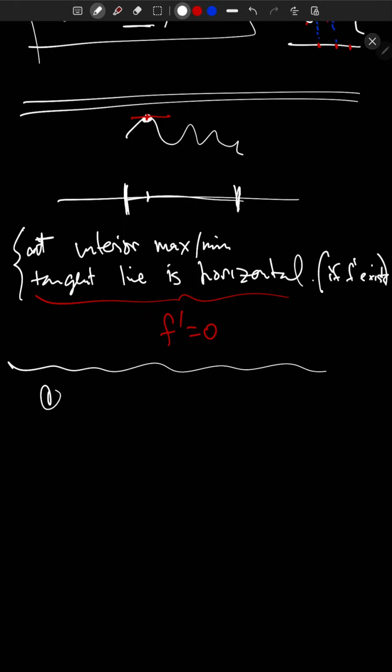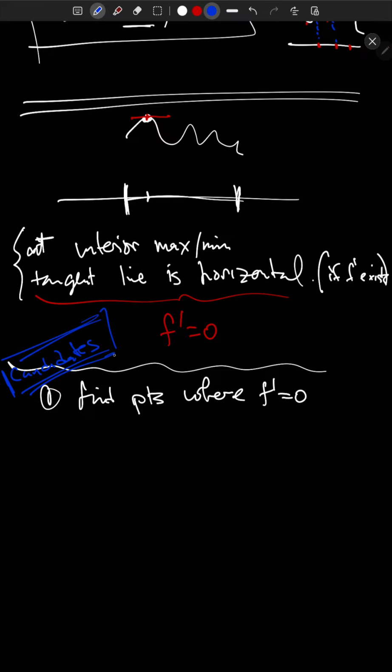The strategy is to, one, find points where f prime equals 0. Because if you have an interior max or min, it has to be at one of these points as long as your function is differentiable there. These are my candidates for the max or min. So in this picture above, you're going to be looking for this point, this point, this point, this point. You're going to find these points.